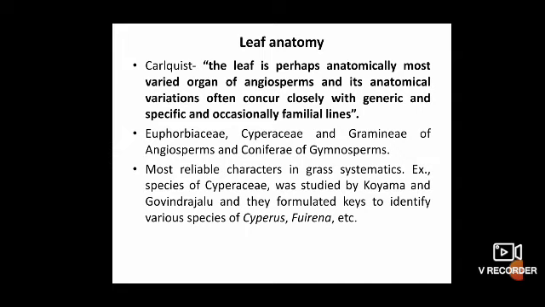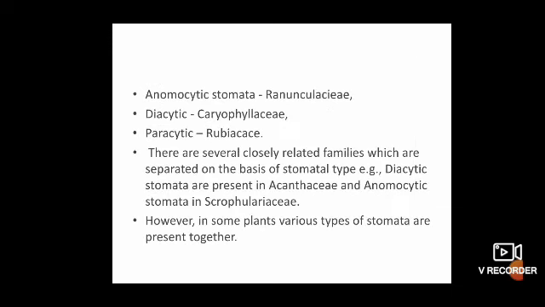For example, the leaf anatomy of several species of Cyperaceae was studied by Koyama and Govindarajulu, and they formulated keys to identify various species of Cyperus, Fuirena, etc. Brown surveyed 72 genera of grasses, and on the basis of their tissue arrangement, 6 main types were recognized.